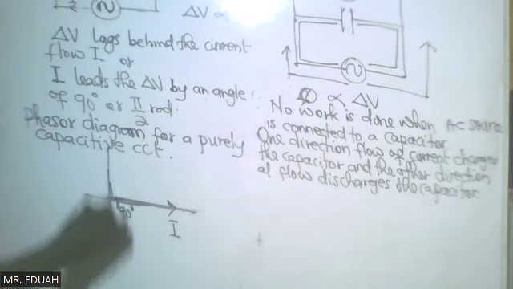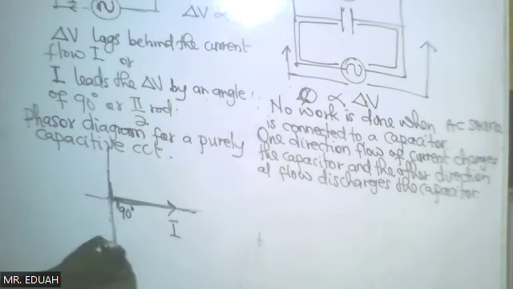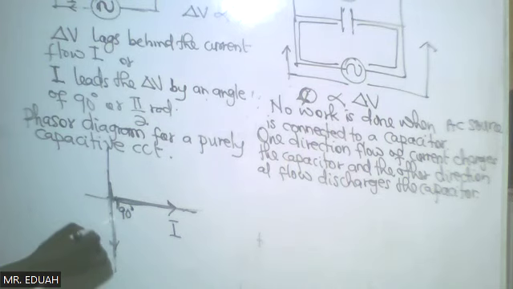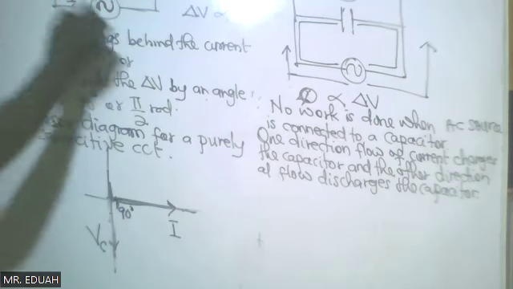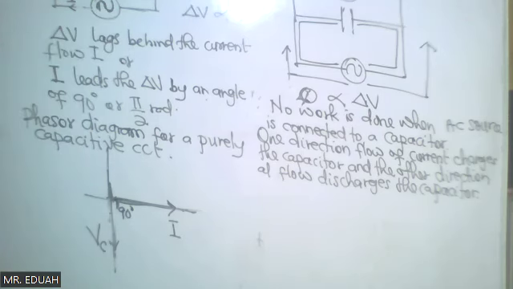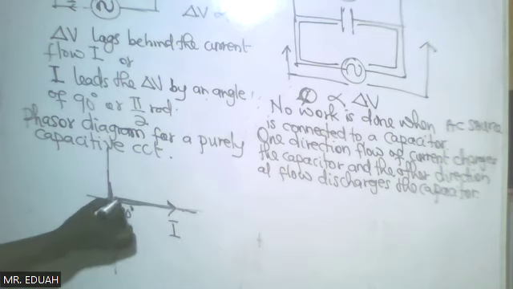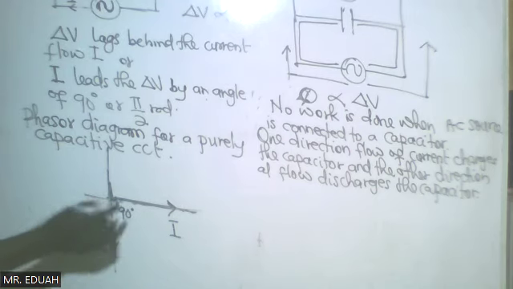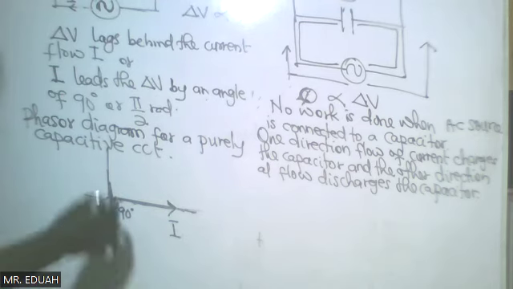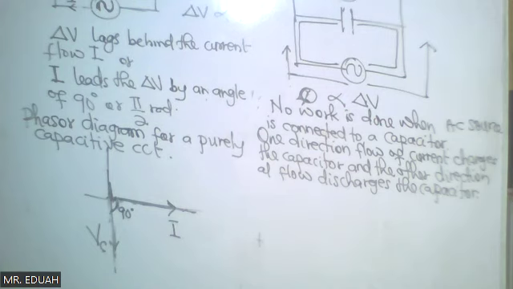And I have the voltage drop lagging behind the current by that angular margin. So this is VC, or what we have indicated here as delta V, VC to indicate voltage across the capacitor. This lags behind the current by 90 degrees. So this is the phasor diagram for a purely capacitive circuit.